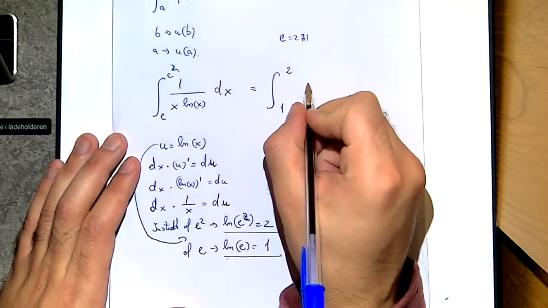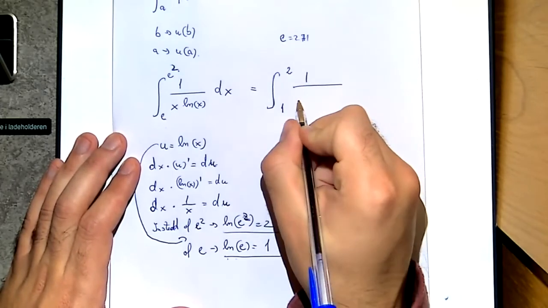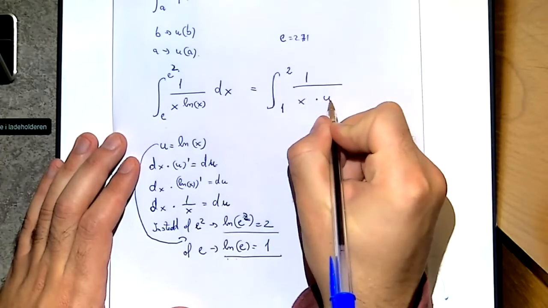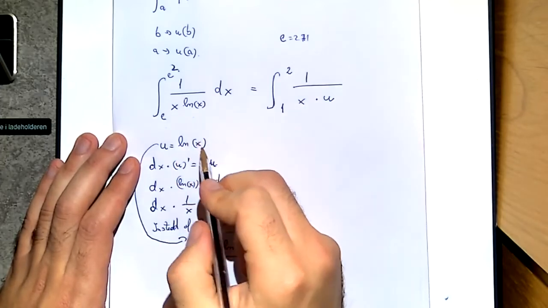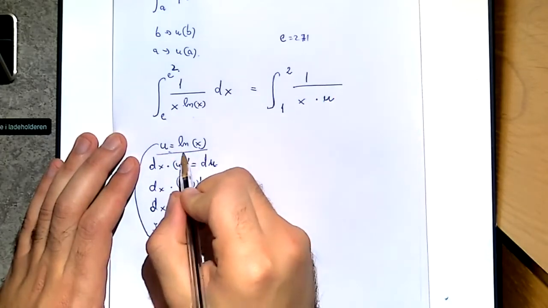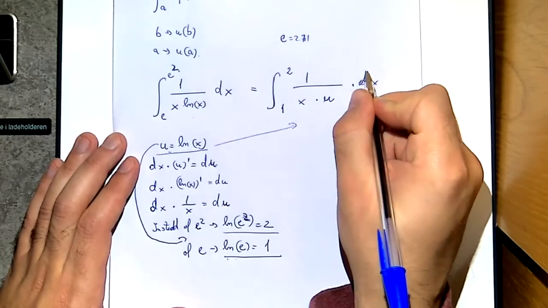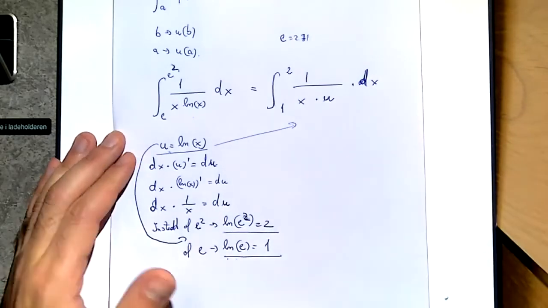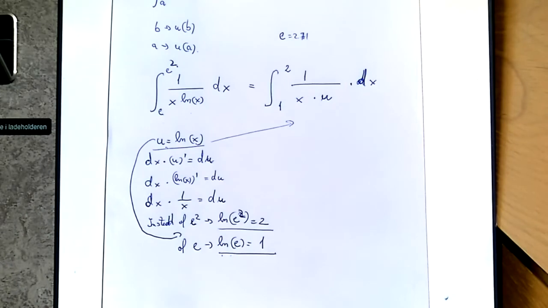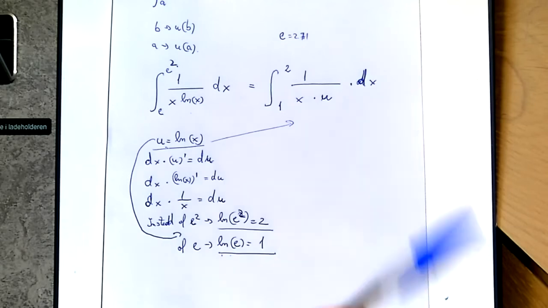And I have 1 over x, u, where log of x is u, multiplied by dx. Is this a good way of writing the integral? No, really bad. I have x and u and dx, really bad.